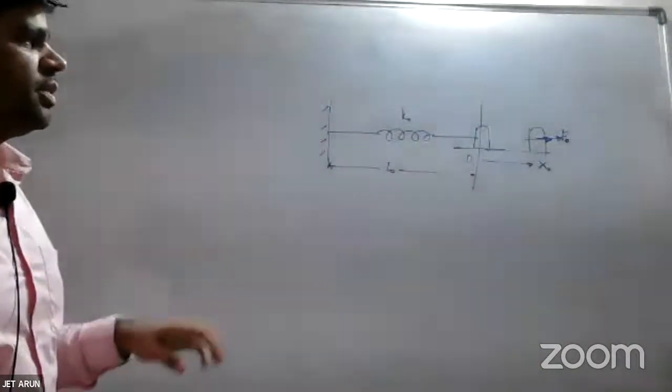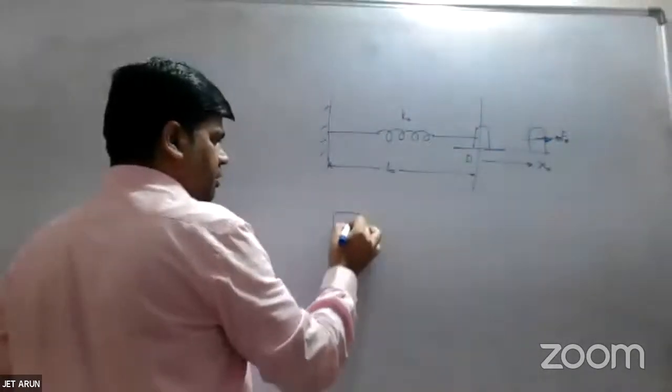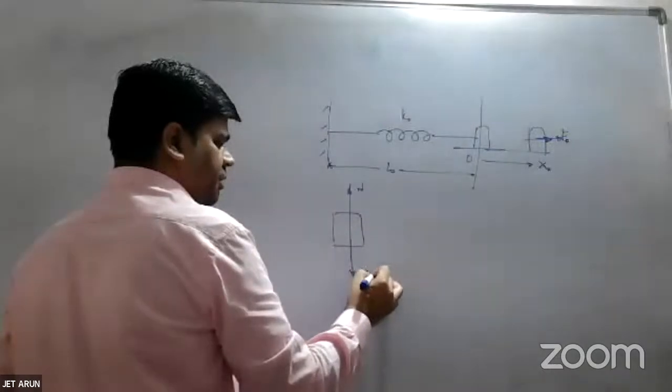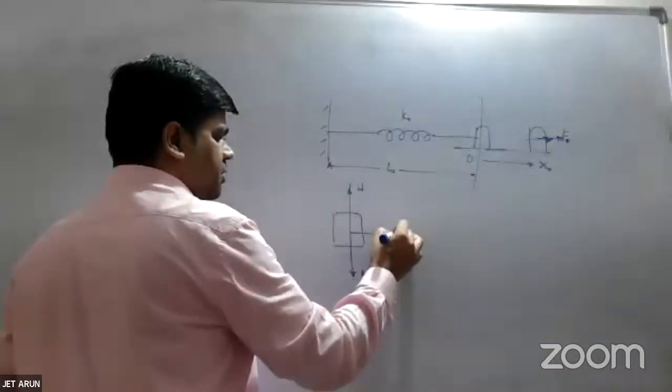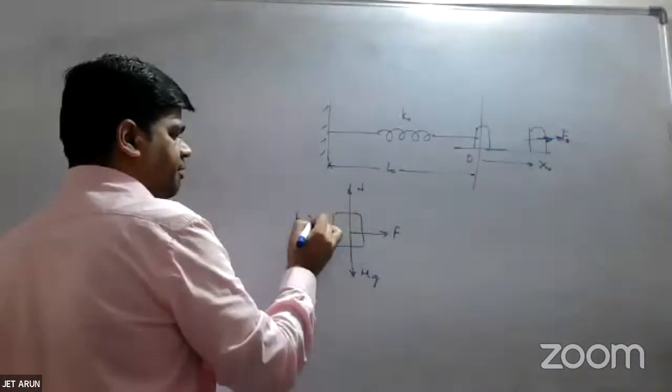So what is the relation between X naught and F naught? I draw the FBD of the block: normal reaction upwards, mass is M, so mg downwards. This force is towards right, spring force is towards left, which is K naught X naught.